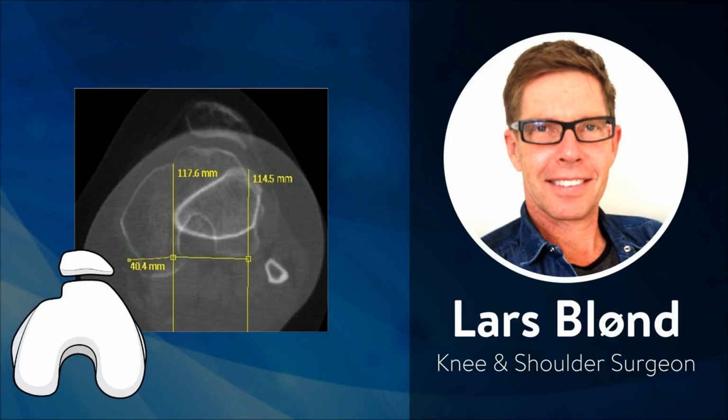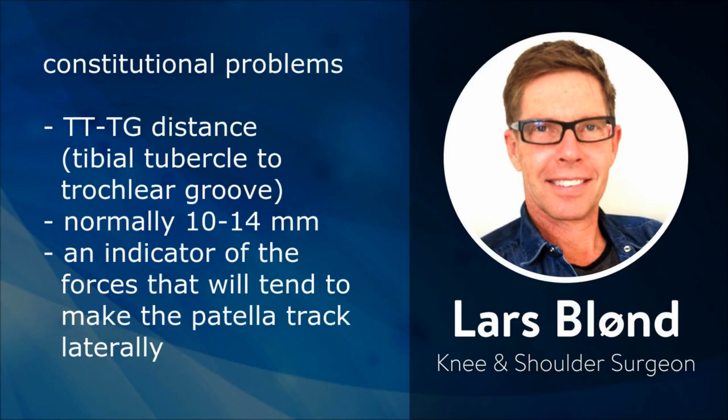Normally this TTTG distance is about 10 to 14 millimeters, but if the tibial tuberosity is externally placed or the trochlear groove is internally placed, as you see in trochlear dysplasia, this distance will become too high and this will tend to maltrack the patella laterally.